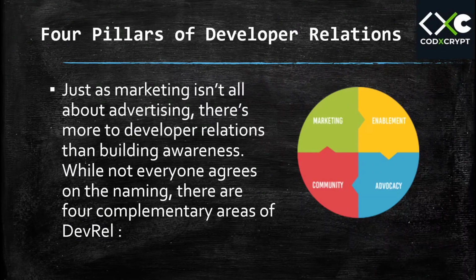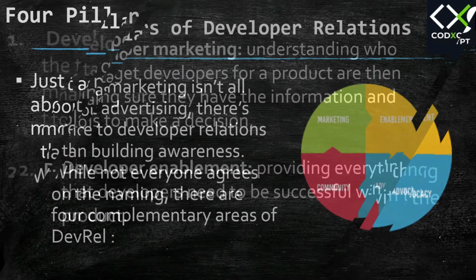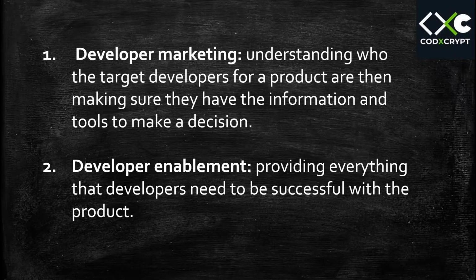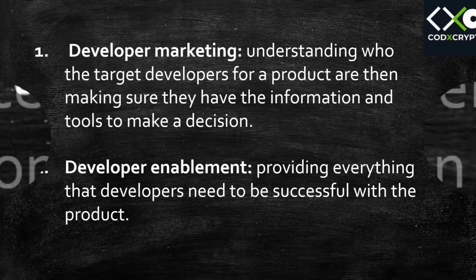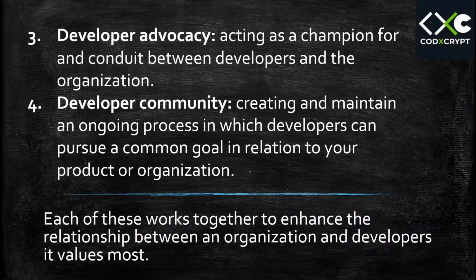So developer relations has four major pillars for its successful establishment, which are marketing, enablement, community, and advocacy. Marketing deals with understanding who the target developer is and what the product they are targeting, and then using this information to make a concrete decision. Enablement is basically providing all of the tools and necessities to the developers so that they could have a successful developing journey with the product. Number three being advocacy.